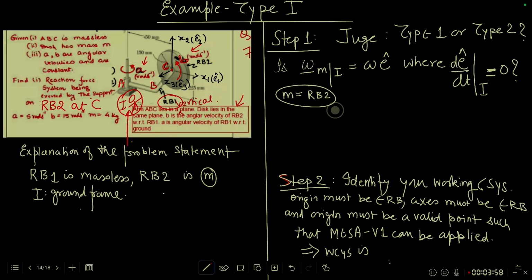The disc, which is RB2, is also lying in the plane of ABC and it is rotating with respect to RB1 with angular velocity B. I hope you are able to visualize. There are some dimensions given. This is 450 mm, this is 150 mm, this is 225 mm.